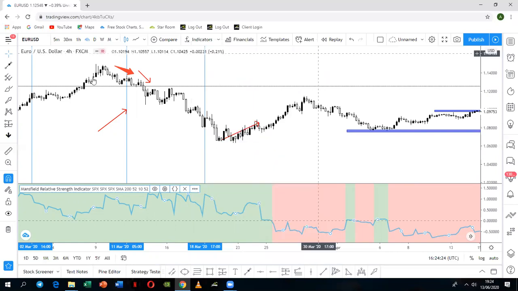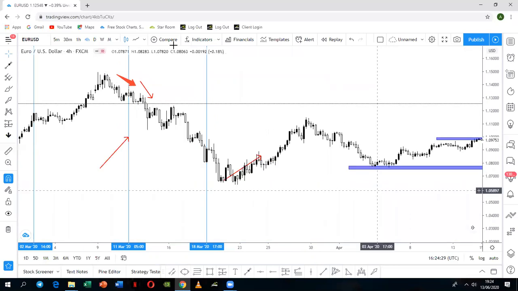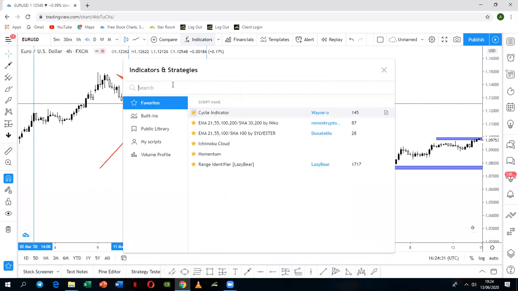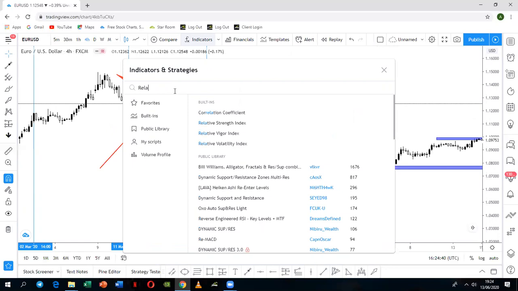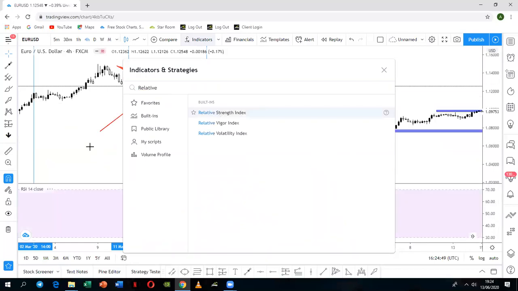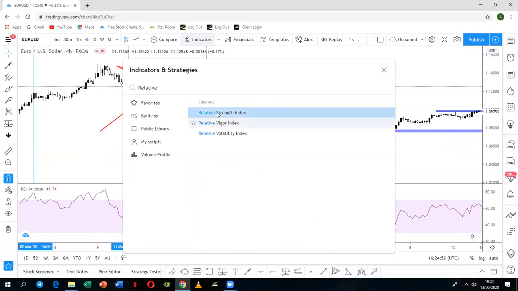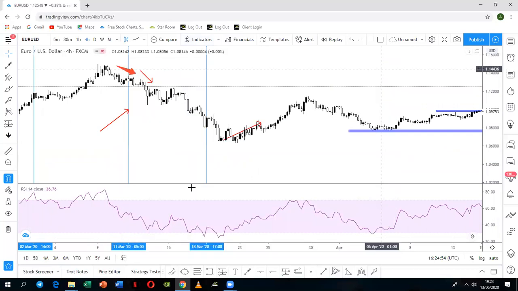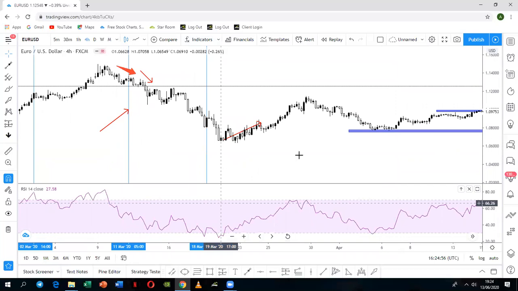I don't know if this is the right one. Let me select the other one. Oh, here it is. It's the relative strength index.